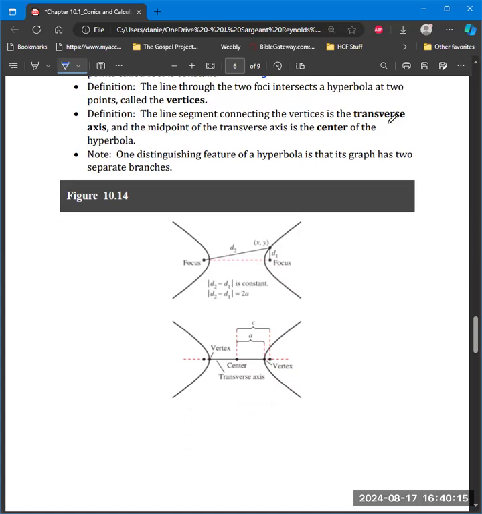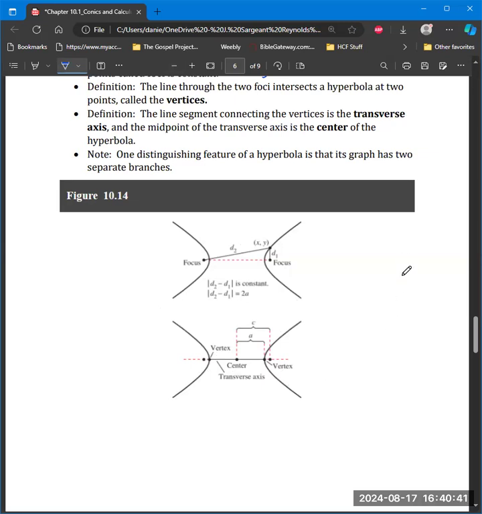So it's the axis that we're going to kind of travel along. As we make this shape, we're traveling in that direction, left to right here. So that's a transverse axis there. We're transversing that axis to sketch our two pieces of our hyperbola here.